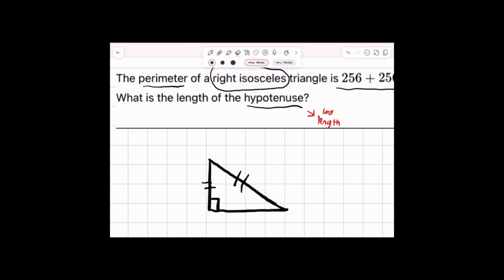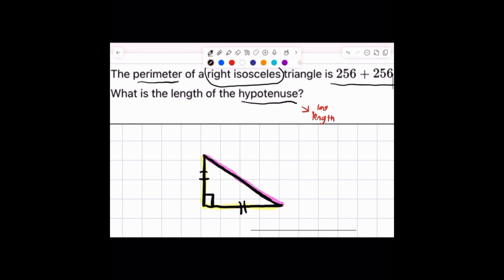Well, then that's wrong, because the hypotenuse has to be the longest side. If this side and this side are equal to it, then it isn't the hypotenuse anymore, because it isn't just the singular longest side. So this side and this side must be equal to each other just to keep it as a right isosceles triangle.